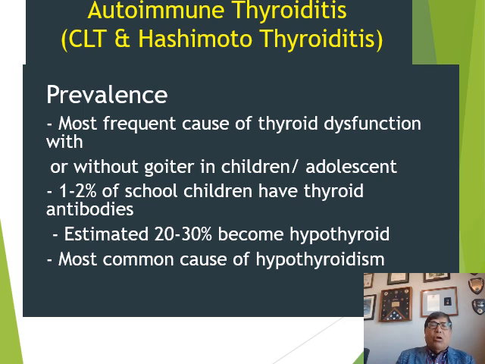But if you follow them longitudinally, then you will see about 1/3 of them will develop hypothyroidism. And in the rest of them, serial measurement of the antibody will show that it has disappeared. So the body takes care of itself, but about 1/3 of them will develop a hypothyroid condition, and as I mentioned before, it is the most common cause of hypothyroidism in a pediatric age group.